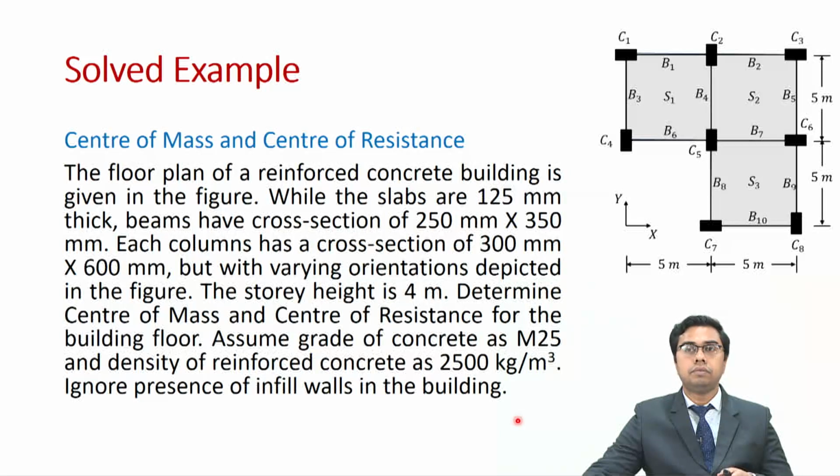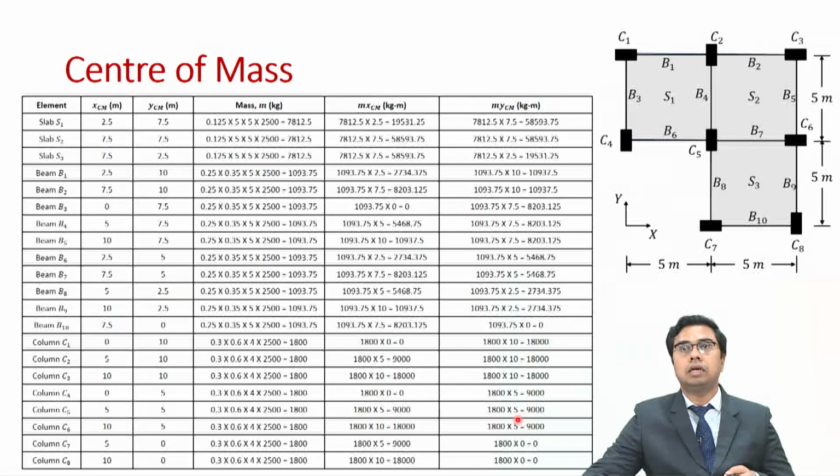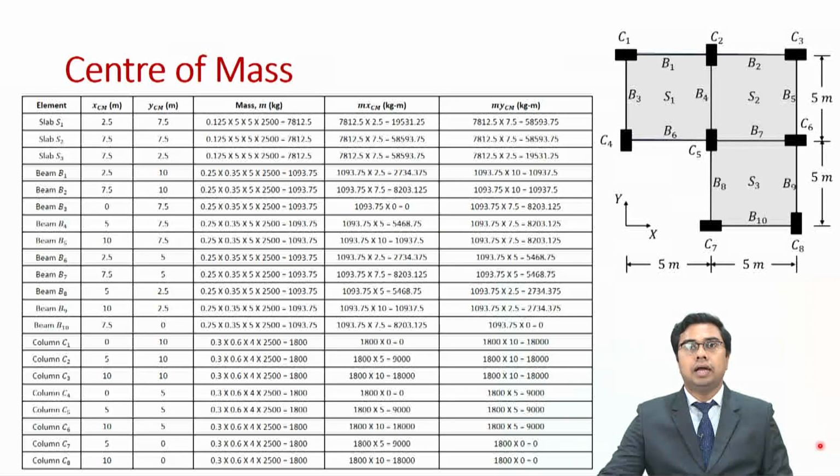You can obviously consider the presence of infill walls. That is not a very difficult thing to do. We will make a remark for that. So, let us first start with determination of center of mass. As discussed earlier, slabs and beams contribute the most to the total floor mass.